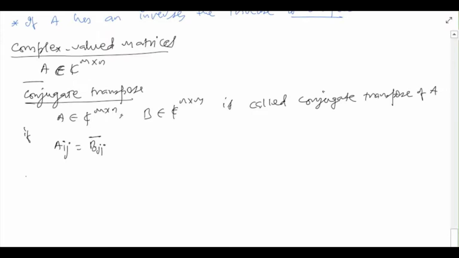Conjugate transpose of A is denoted as A star. So this is the notation that we use for conjugate transpose.